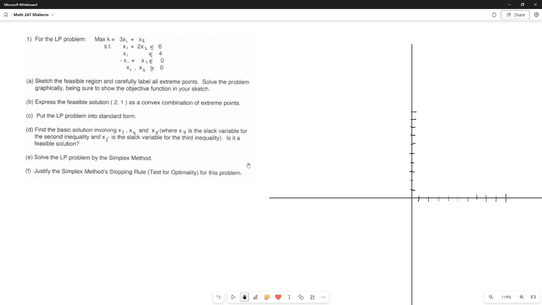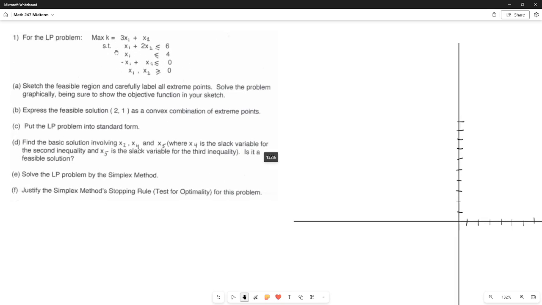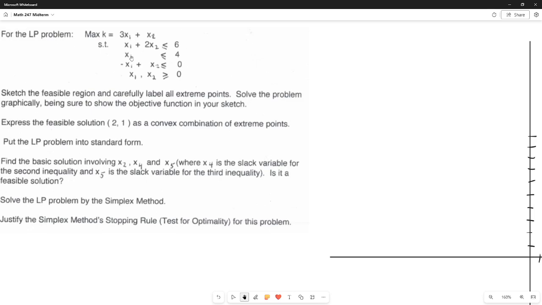And so this is sketching the feasible region, and we're going to be using this LP problem here. So we see that we're going to be sketching 3 lines: x1 plus 2x2 is equal to 6, x1 is equal to 4, and negative x1 plus x2 is equal to 0.